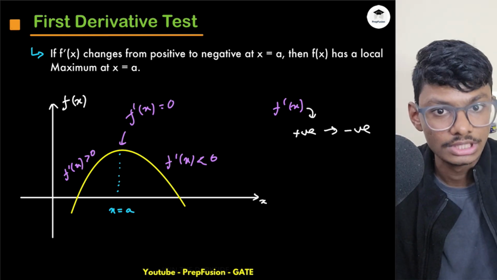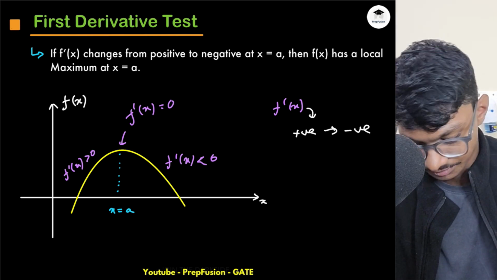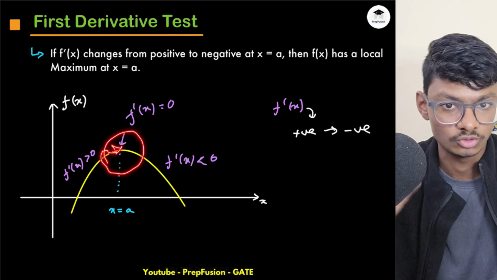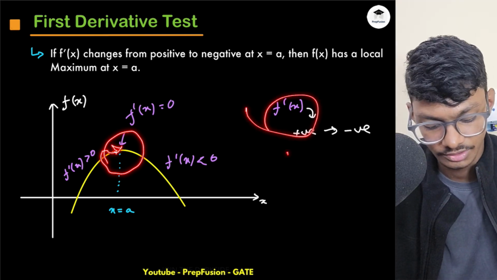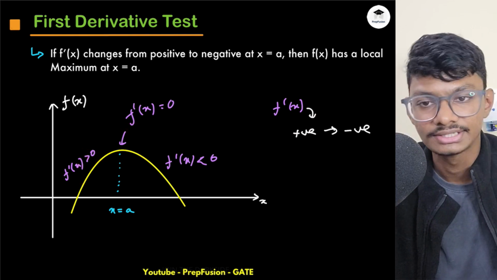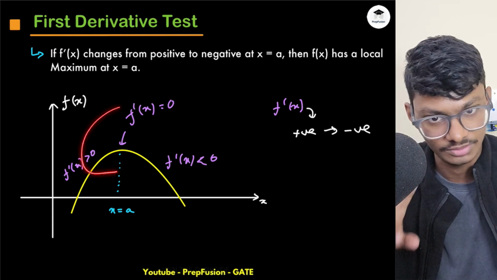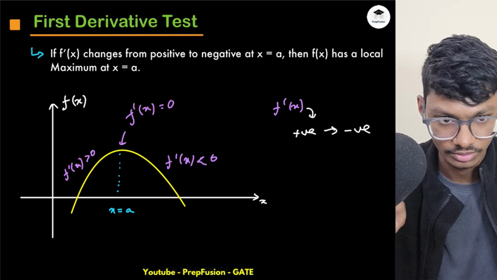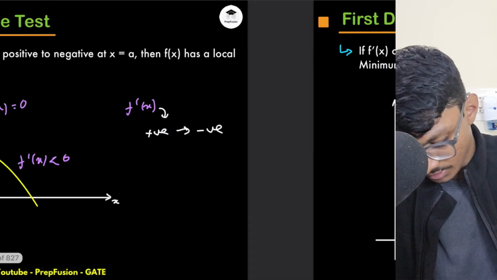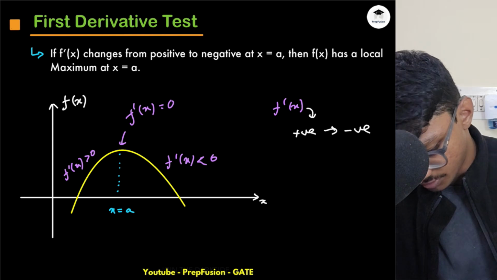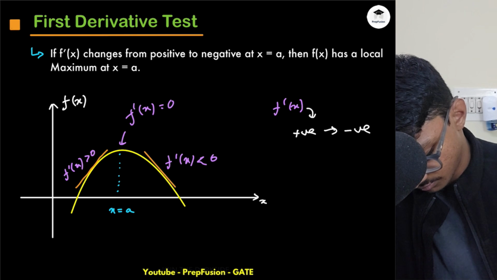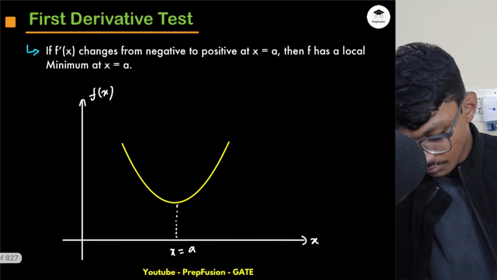My slope is reducing, so at some point there will be a point where my slope equals 0. As it reduces from positive to negative, there will be some point where the slope is 0, and if the slope is 0, it will be a stationary point, and a stationary point can have local maxima or minima. Similarly you can do this. I will just draw the slopes here.